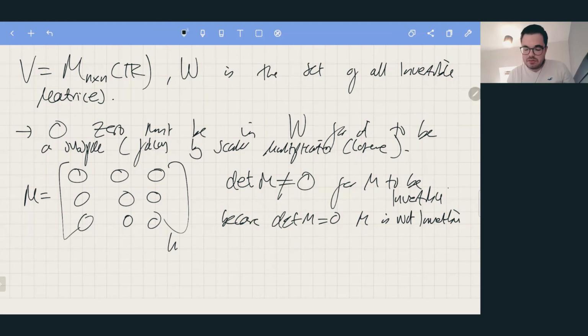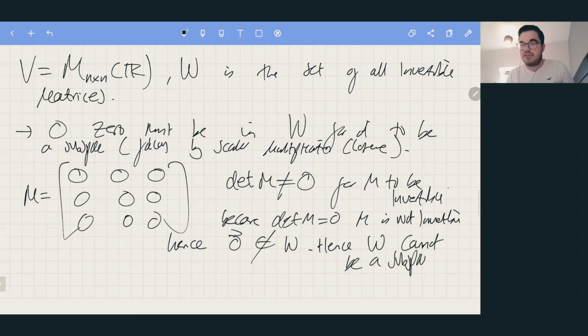And hence, the zero matrix, which I'll just write as a zero vector here, is not in W. And hence, W cannot be a subspace, because every subspace must contain the zero vector, as a consequence of scalar multiplication.